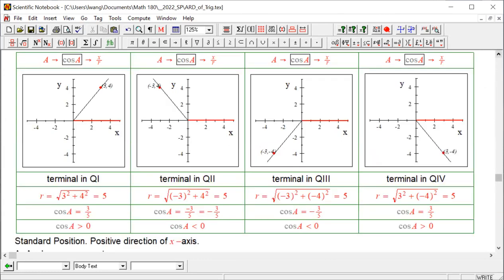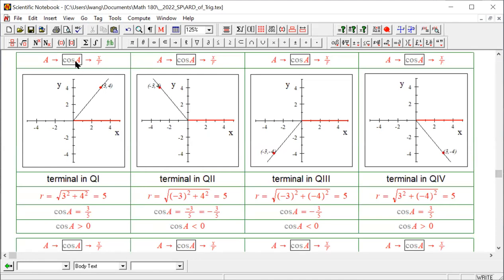For secant, the rule has changed to just r over x. If the terminal side is in quadrant 1, 2, 3 or 4, it doesn't matter, we know how to handle it.